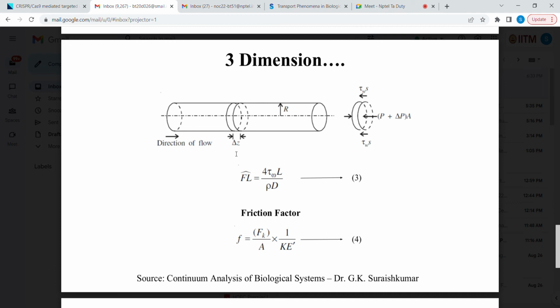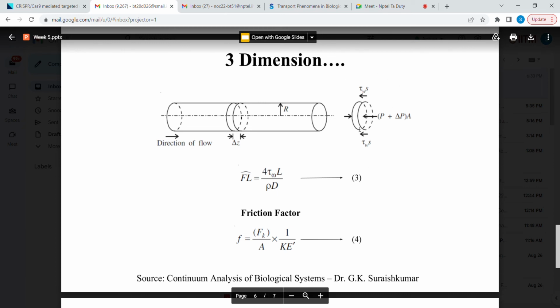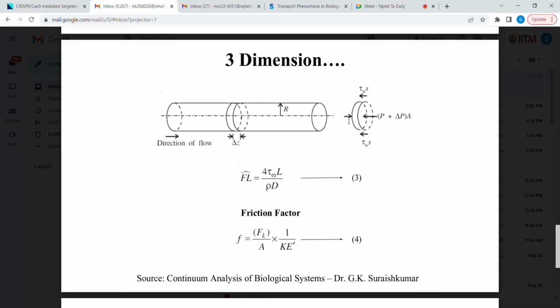Now when you see this, you should by now be able to understand this figure. So basically, there is a pressure force that is acting along the flow of the fluid, and there is another pressure force at the distance of delta z, an opposing force.